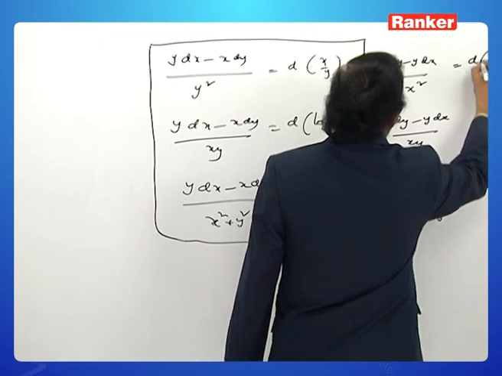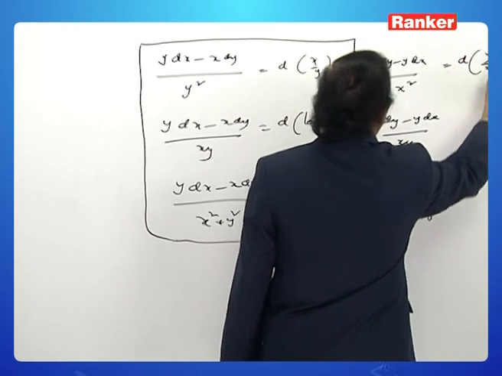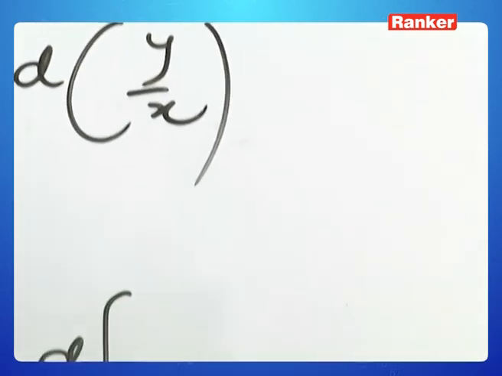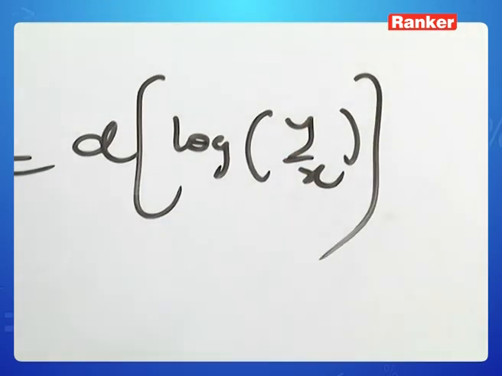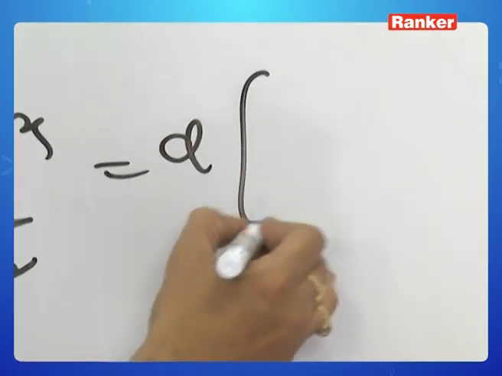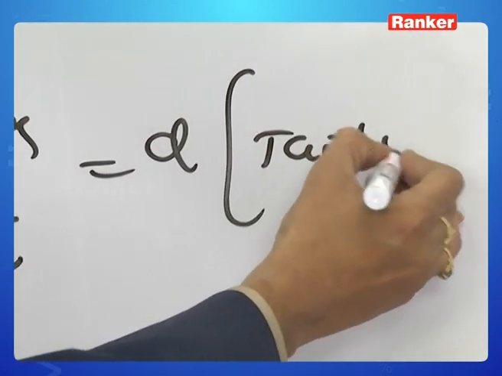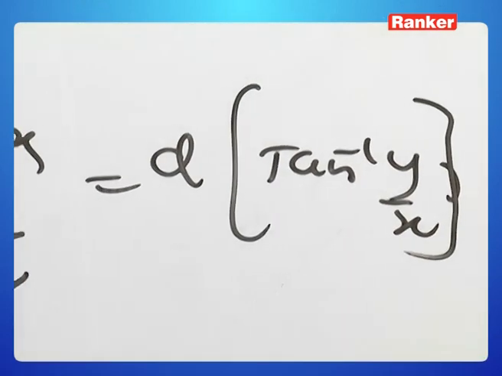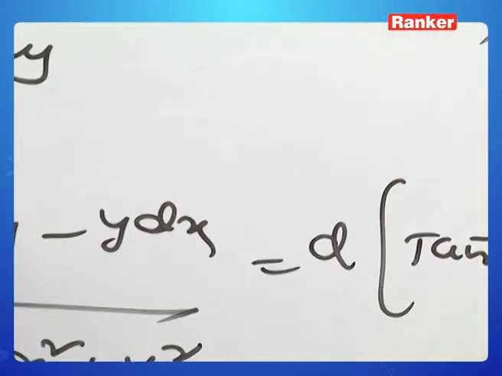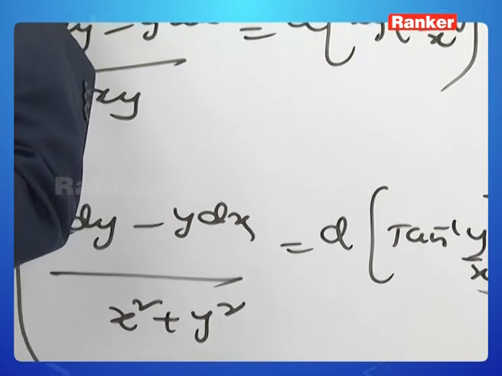This is nothing but d of y by x. This is nothing but d of log of y by x. This is nothing but d of tan inverse of y by x. This is the second box of the same pattern.